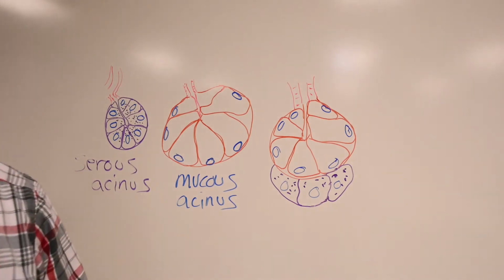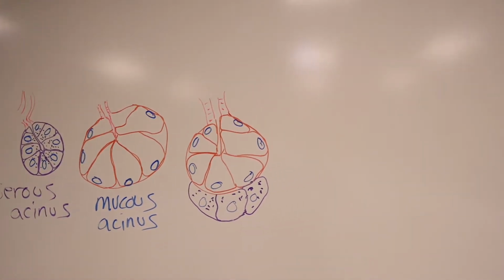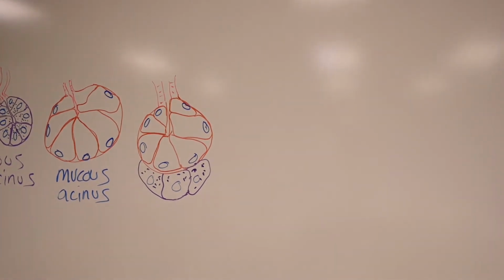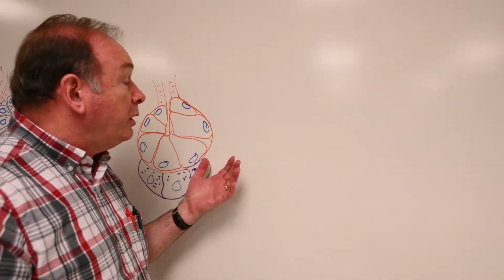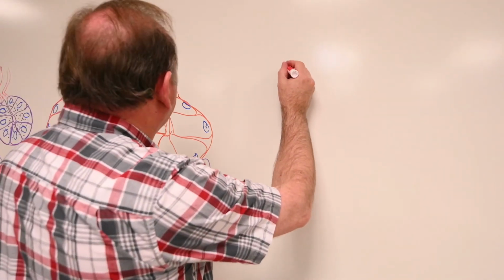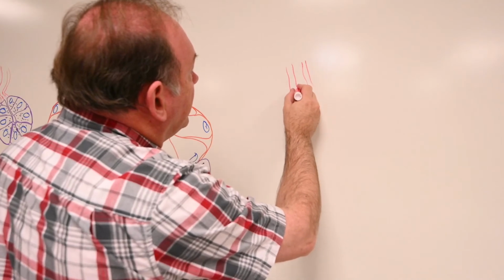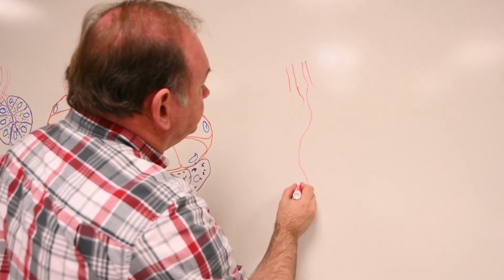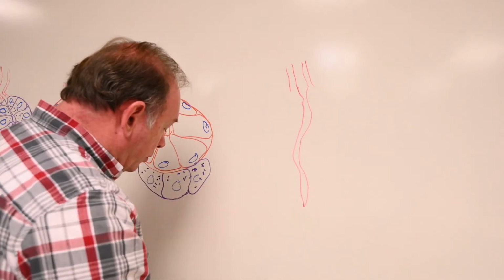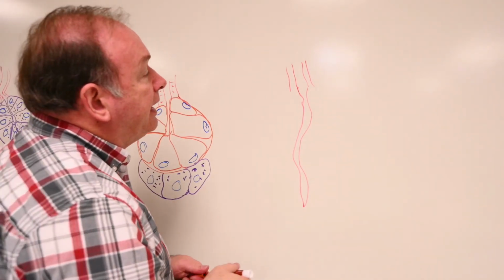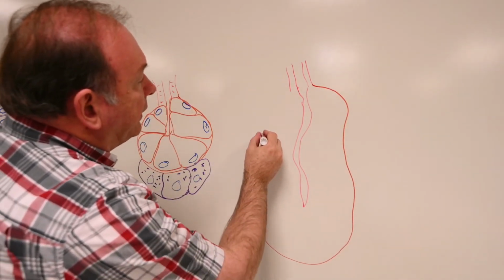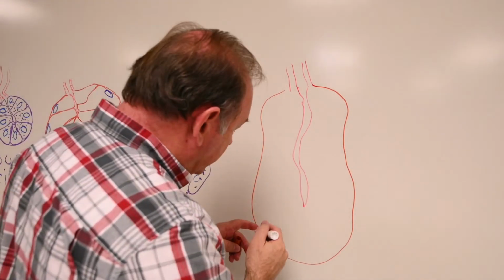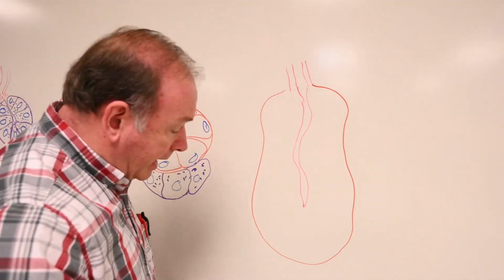One more drawing to make. In the sublingual glands, we have mostly mucous tissue. We do see sometimes those serous demilunes, but as we go into the sublingual gland, we'll get these mucous glands that are extended for a length. They're not a circular kind of structure, and we call them tubuloacinar glands.